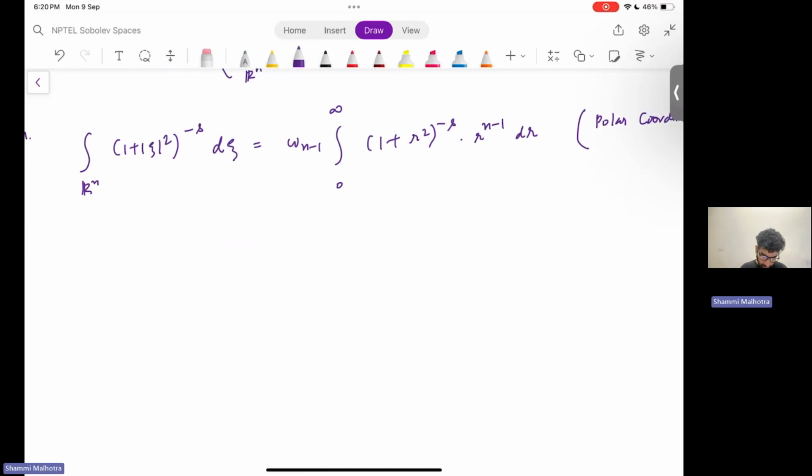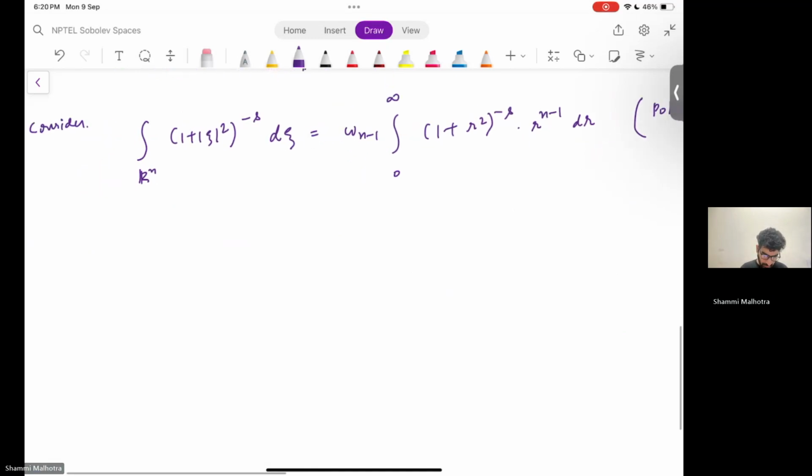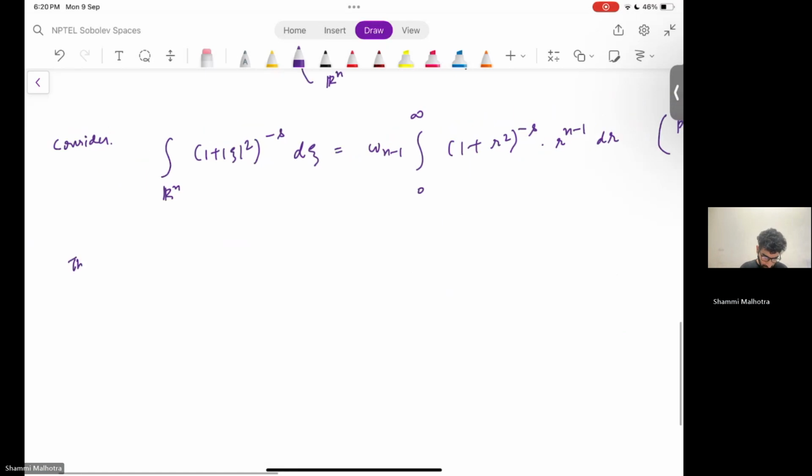So this integral is the right hand side.